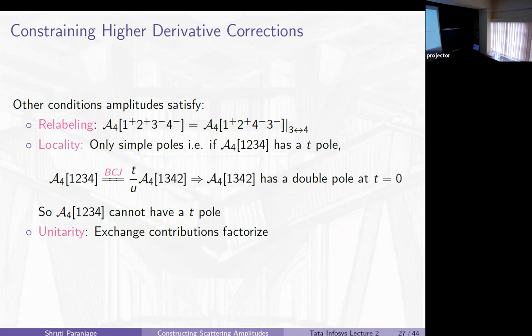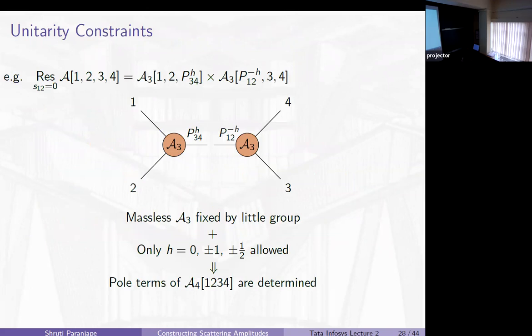So it needs to have poles at the correct locations, and it needs to factorize into real lower point amplitudes on those poles. If you go onto, let's say, the s pole for a 4-point amplitude, it needs to look like a product of two 3-point amplitudes. Now, these amplitudes for any Lorentz invariant theory are fixed, as long as I tell you what the helicities are.